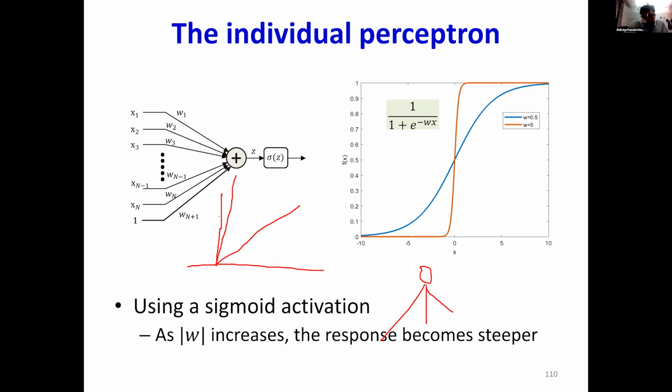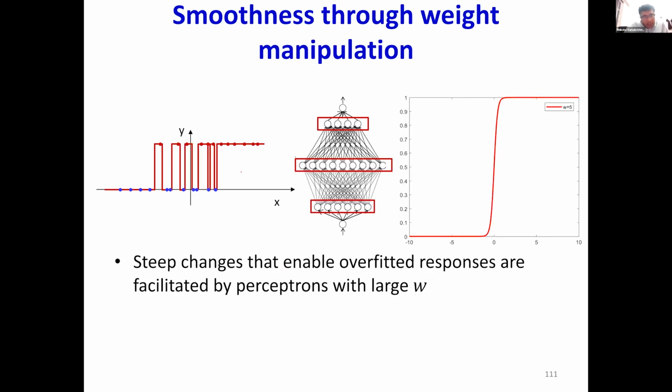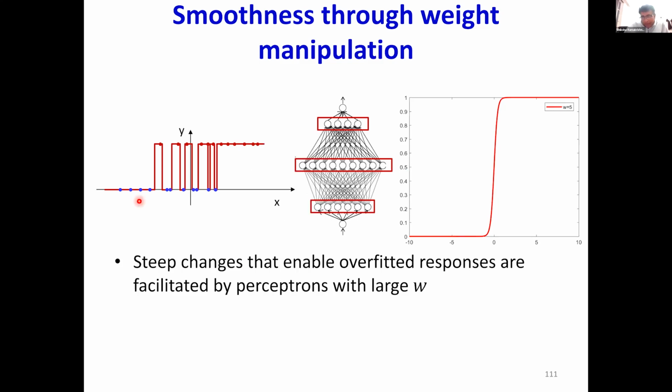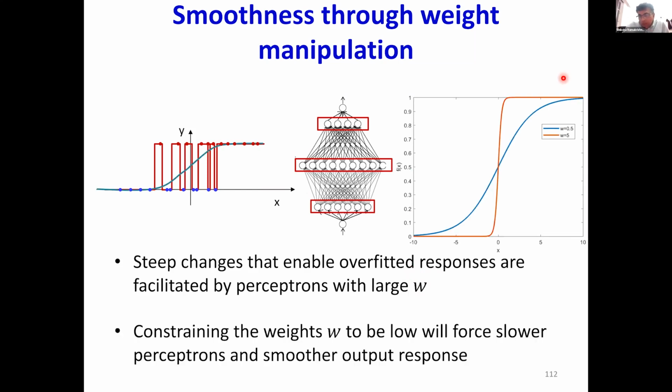That allows us to model crazy functions of this kind. So what we wanted to do was to restrict the speed with which these activations could rise. That meant we wanted to put a limitation on the weights. You want the weights to be low.